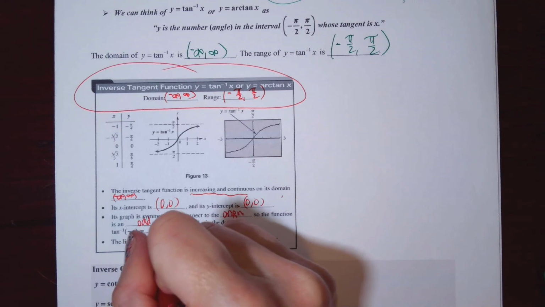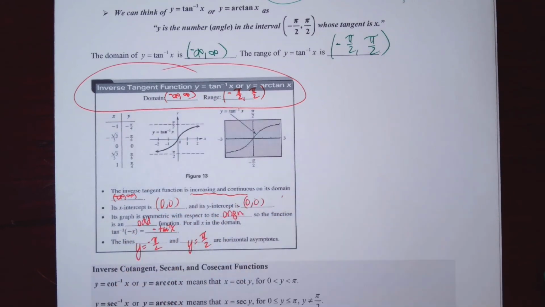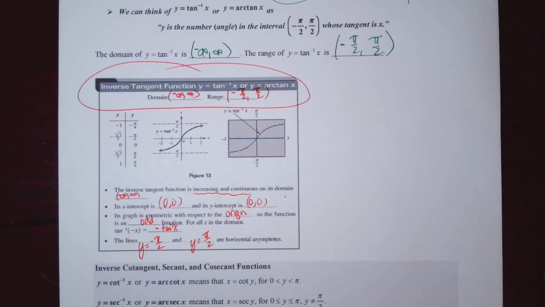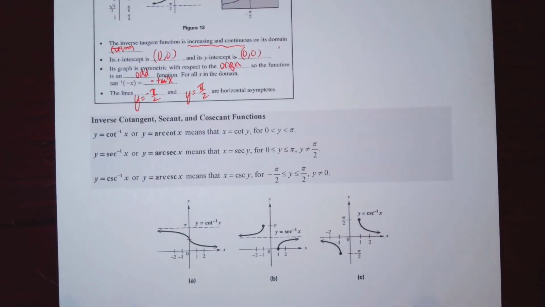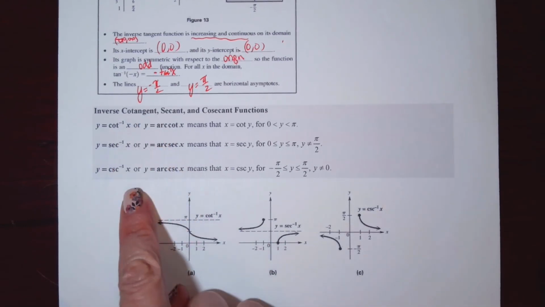The lines y equals negative pi/2 and y equals positive pi/2 give me horizontal asymptotes. I'm not going to ask you to graph inverse tangent. Good information to have so that you have it to look at, but you're not going to be asked to reproduce that.